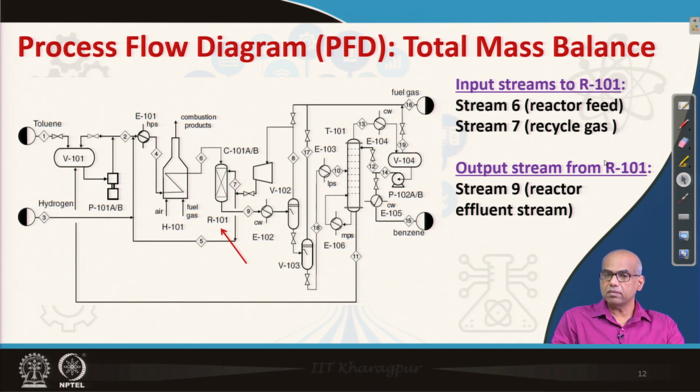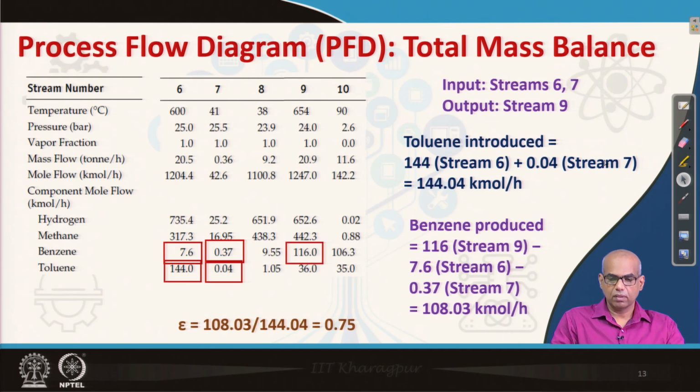Streams number 6 and 7 are the inputs, stream number 9 is the output stream from the reactor. Now look at the stream table corresponding to this stream. Find out the total toluene that is introduced with stream number 6 and stream number 7. The quantity is 144.04 kilomole per hour.